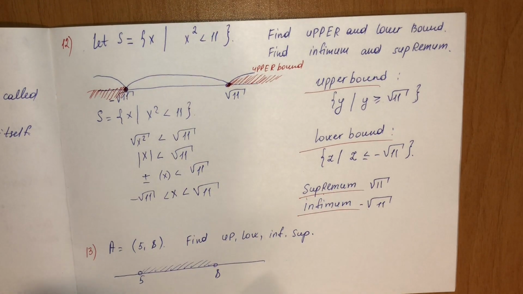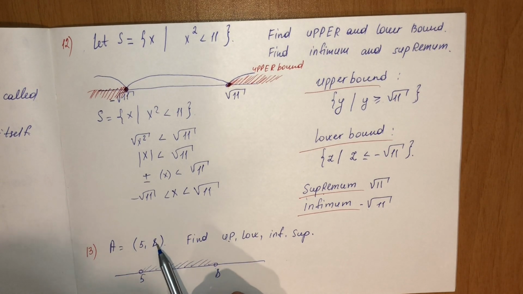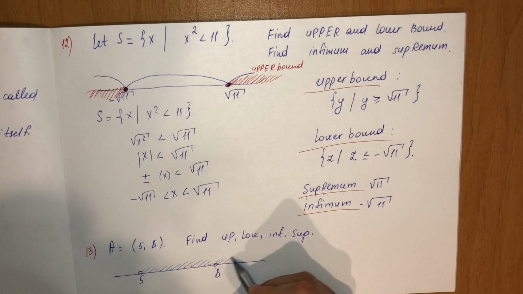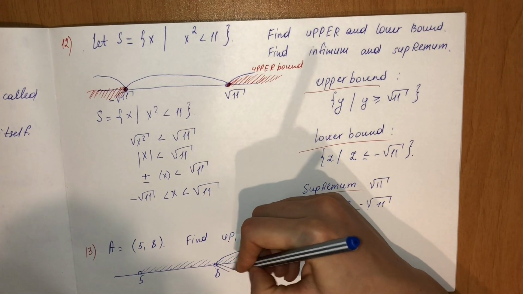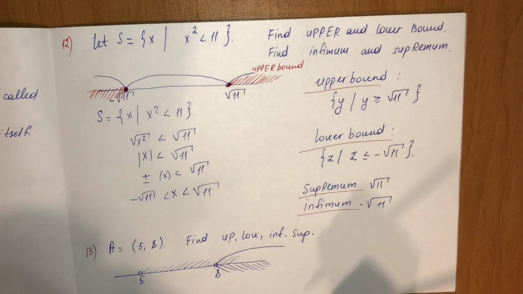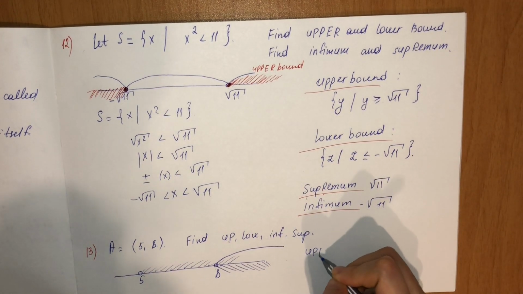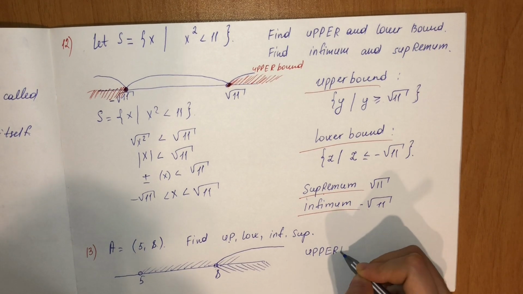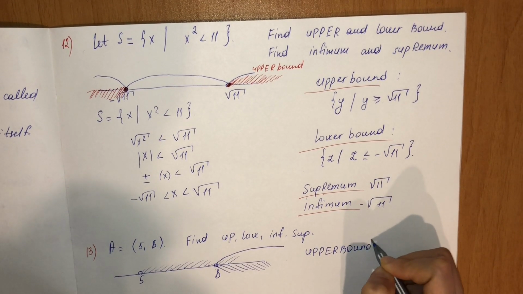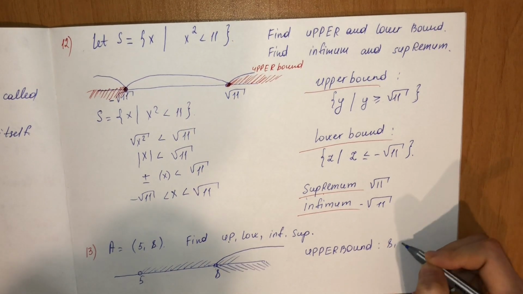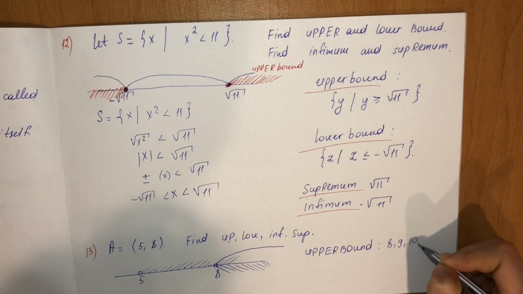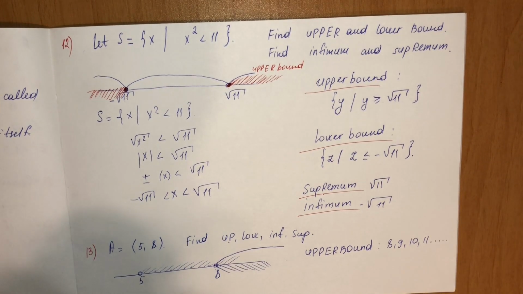We said that the upper bound starts with the greatest element of this interval and keeps going. So the upper bound starts from 8 and increases: 9, 10, 11, and keeps going.